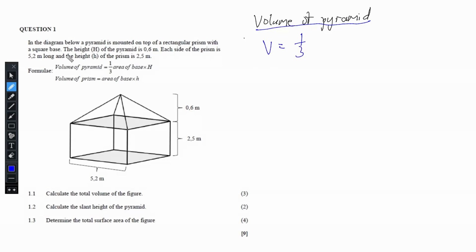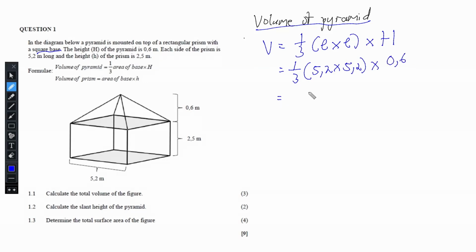The area of the base, this is a square base. So area of the base will be length multiplied by length, and then times the perpendicular height, which is h. And then now we have 1/3, and then the length is 5.2. 5.2 multiplied by 5.2, and then multiplied by the height of 0.6.